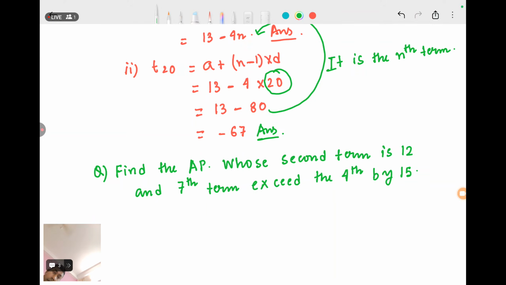So here the question is given as the second term is 12, that is T2 is equal to 12.